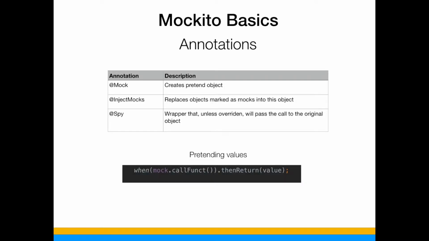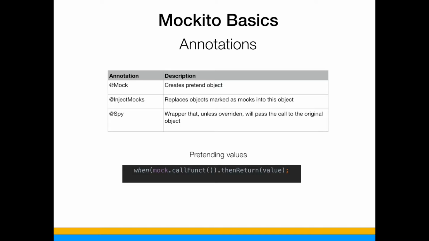Okay, so the Mockito basics, as we saw in the example: we have @Mock, which essentially creates a pretend object. We also have @InjectMocks, which we use whenever we want to create that pretend object and inject it into another object so that we are actually removing the dependencies.